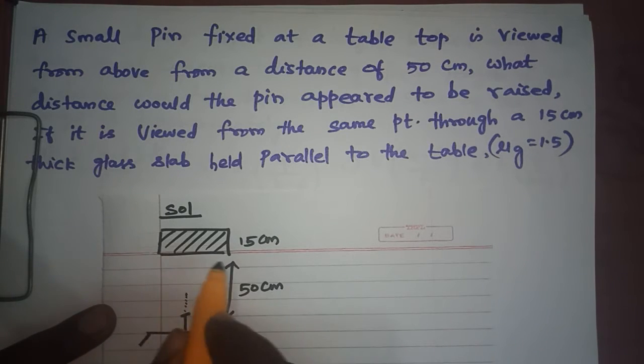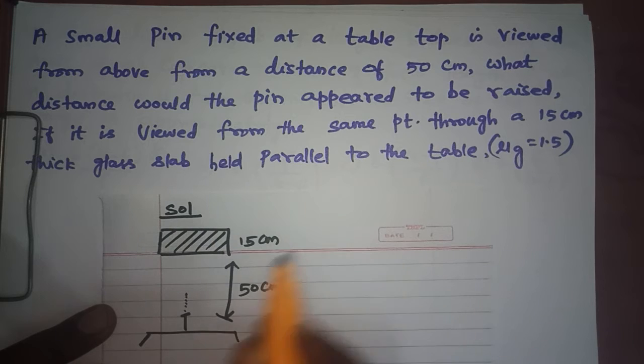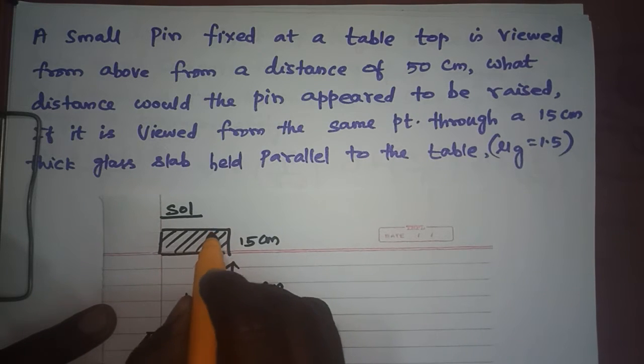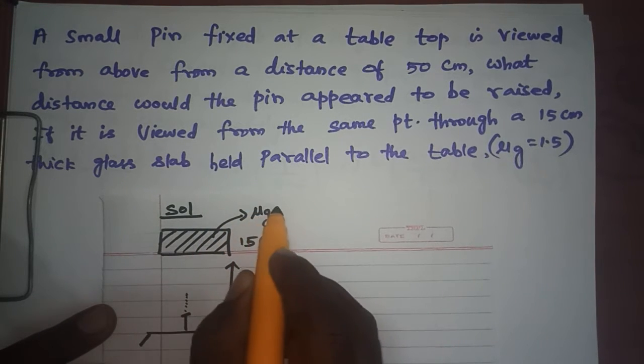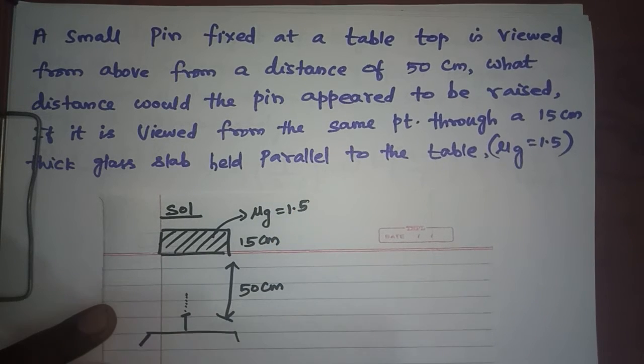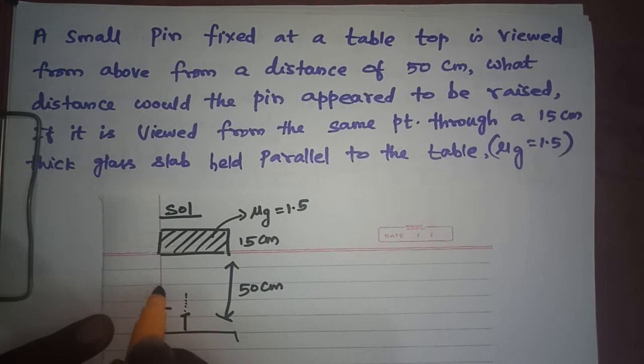This glass slab is held parallel to the table, and the refractive index mu g is given as 1.5. I have to determine how much height this pin has been raised, which means when I am seeing through the glass slab, I have to find out my d is equal to how much.